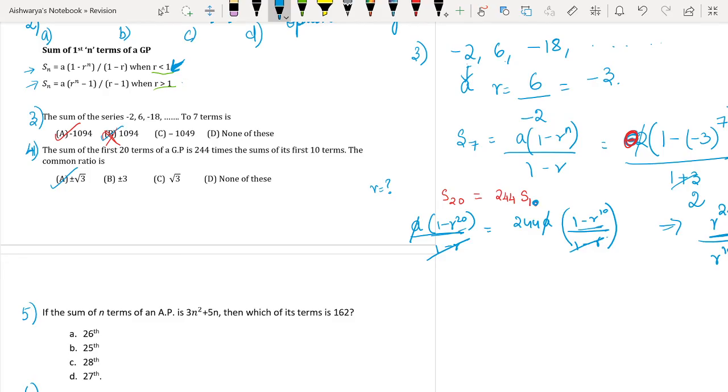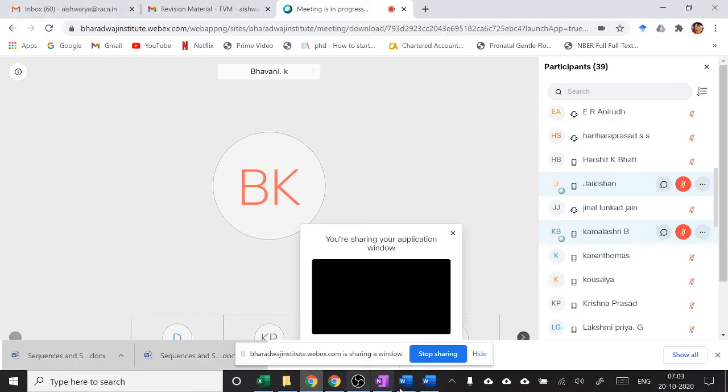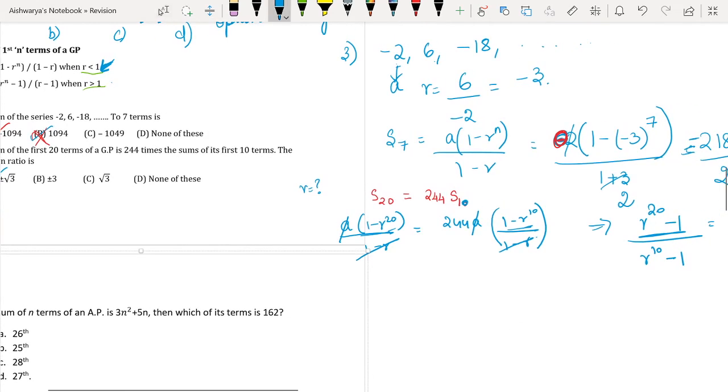That is not what I am asking, ma'am. First we used the formula A into 1 minus R power 20 divided by 1 minus R. After cancelling it, why are you using R power n minus 1? Doesn't matter, it is the same. If I take the minus out from both the places, it will become positive. The answer finally will be the same.